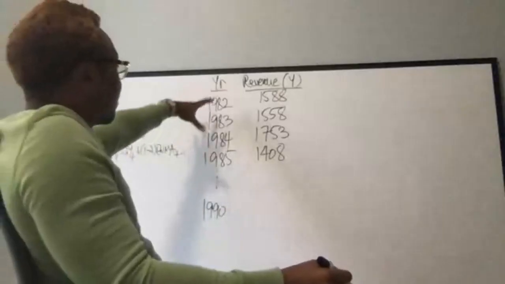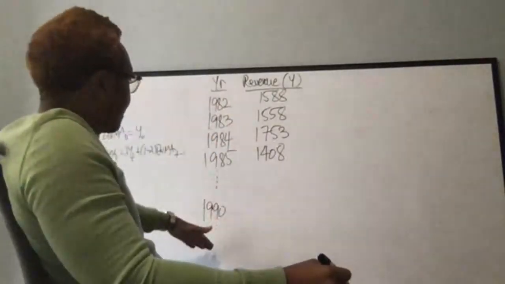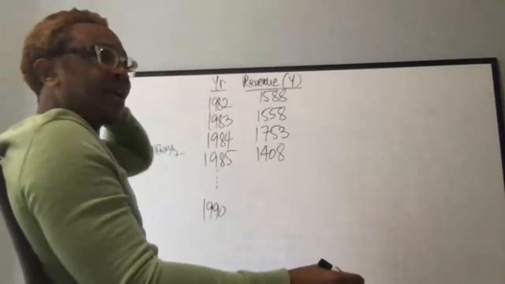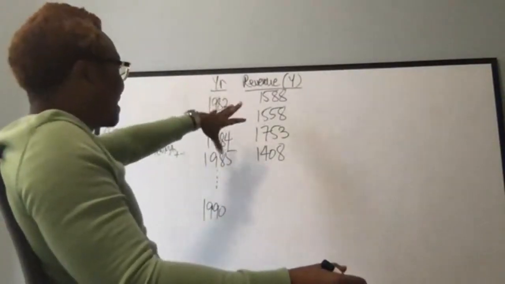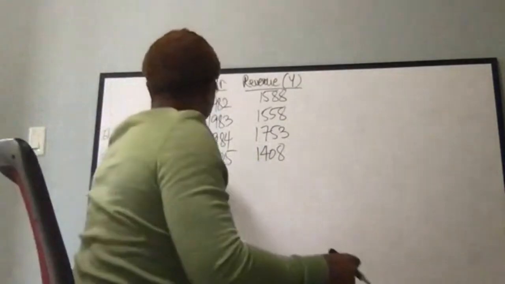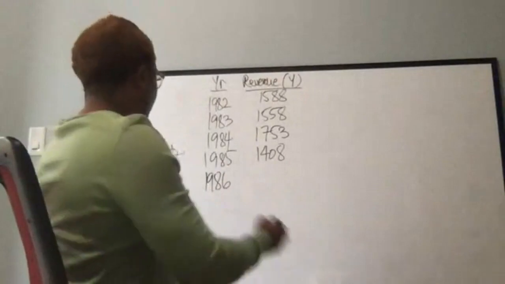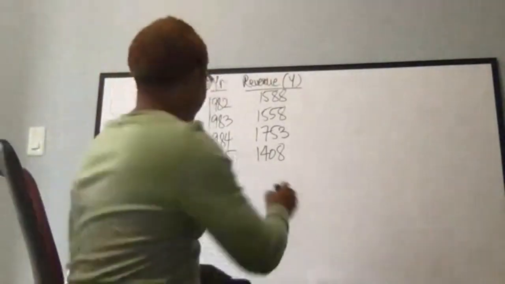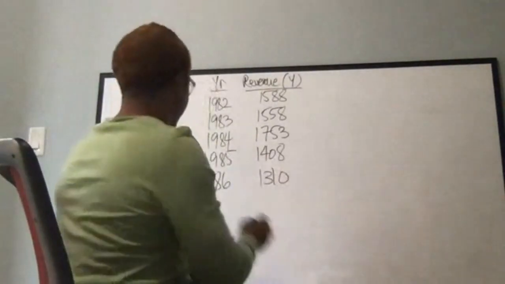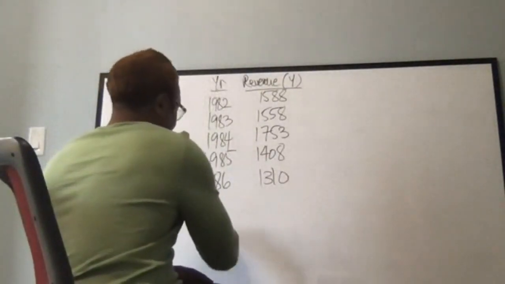Professor, I don't know if you can do this, but is there any way that maybe we could write all of the data out so that we're all on the same page? I just feel like this is a lot of new stuff. When you say write all the data out, you mean all of this stuff right here? Yeah. I just don't have the board space. If we were in the classroom, I would, but I'm trying to maximize the board space. 1408, and then how about I just stop here and then go to 1990?